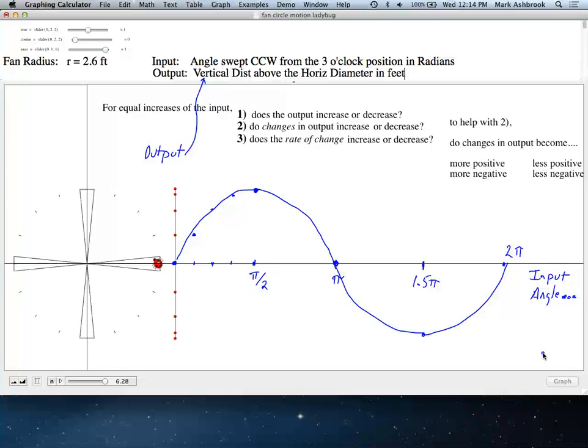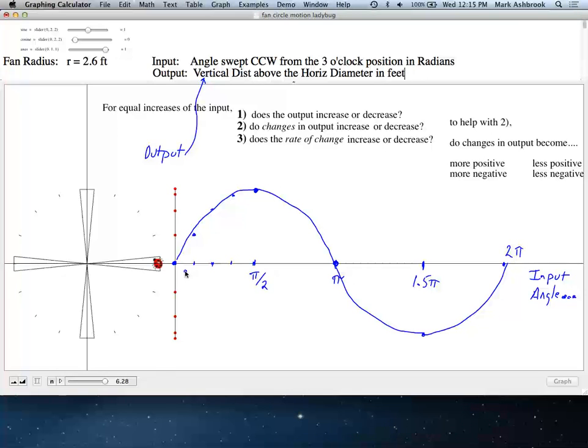So again, you're imagining going along this x-axis here, you're imagining the angle sweeping around a full circle, right? So this is the openness of the angle, making one full rotation. And then as that angle changes, this graph is showing correspondingly how the vertical distance of the bug changes.